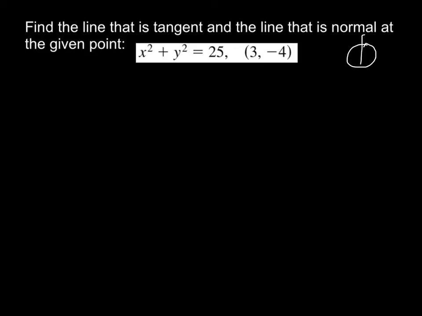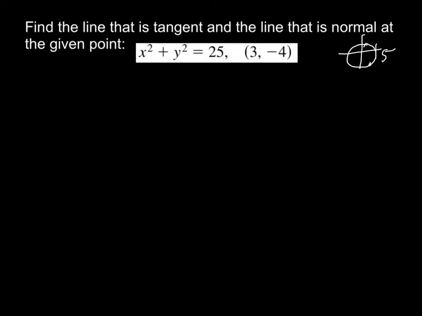There's our circle. It's got a radius of 5. And 3, negative 4 would be about here on the circle. And that makes a 3, 4, 5 triangle if you were to do that, so it does hit the outer edge of the circle. Just as a good check.